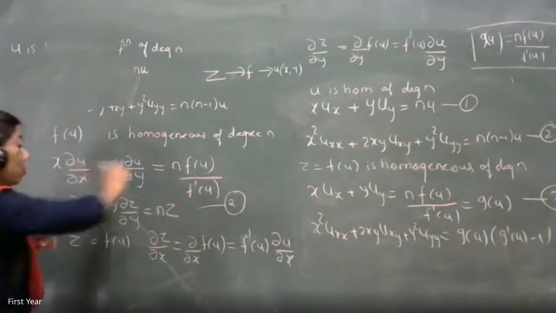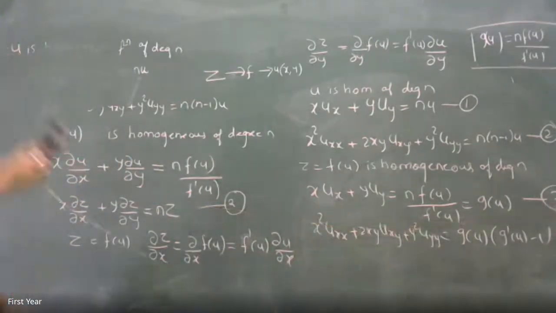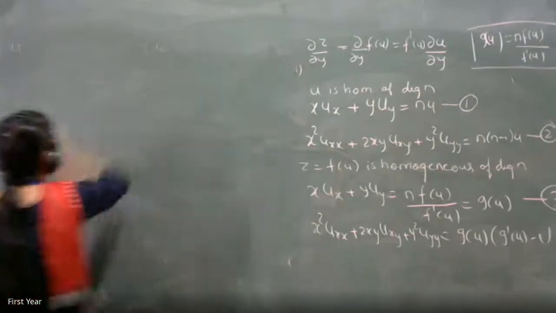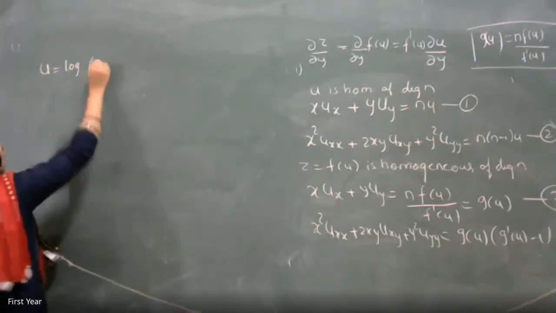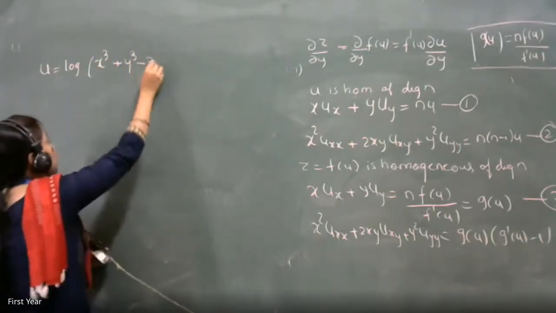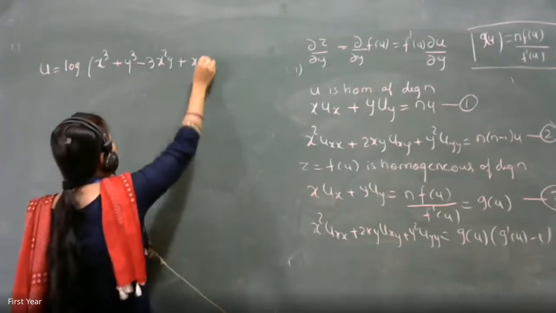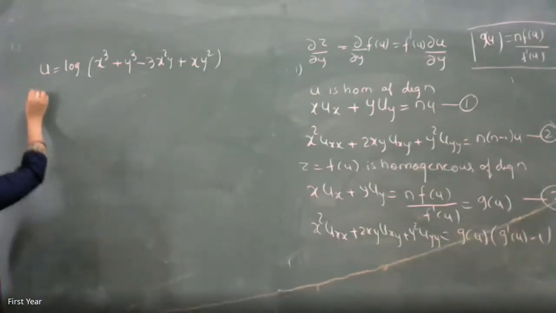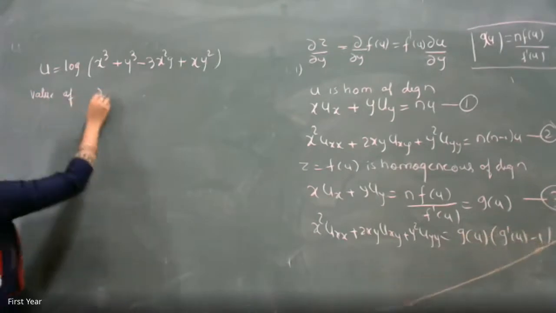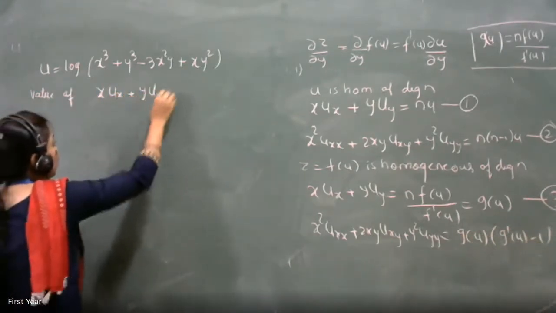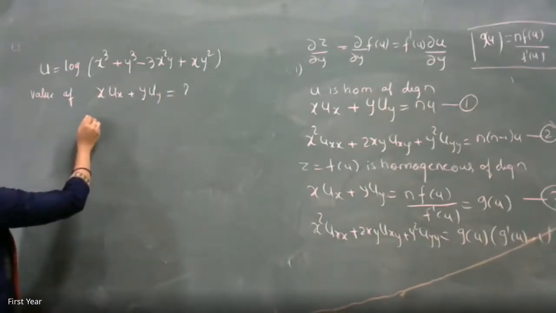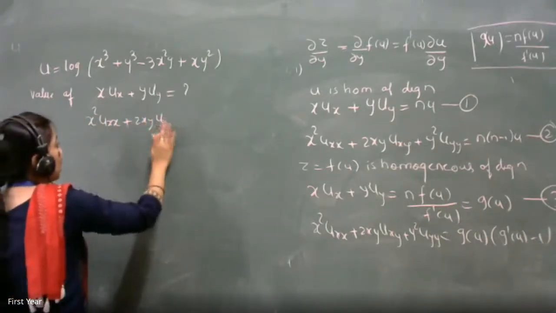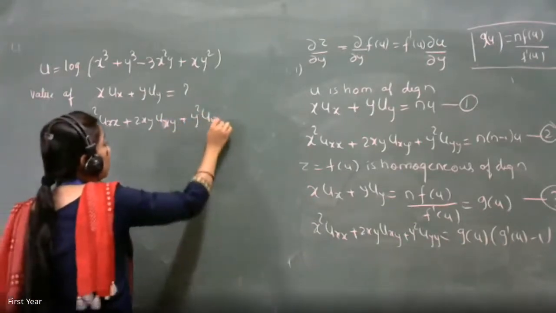If u is equal to log of x cube plus y cube minus 3x squared y plus xy squared, then the value of x ux plus y uy and x squared uxx plus 2xy uxy plus y squared uyy is.